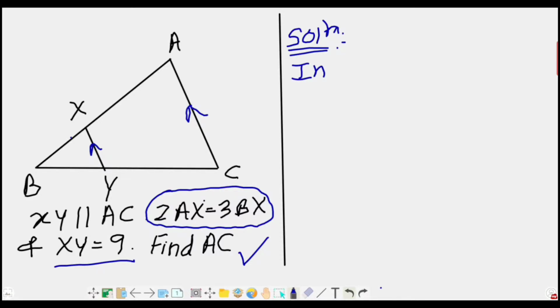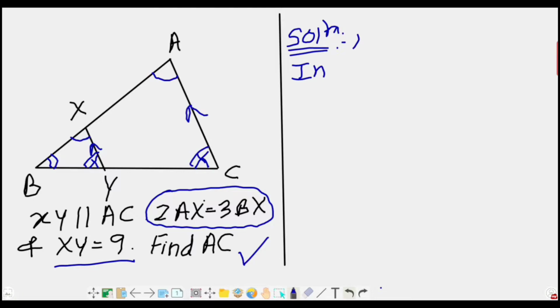So, this angle will be congruent to this angle, corresponding angle. This angle will also be congruent to this angle, corresponding, and apart from that this is a common one, so any two you can take.